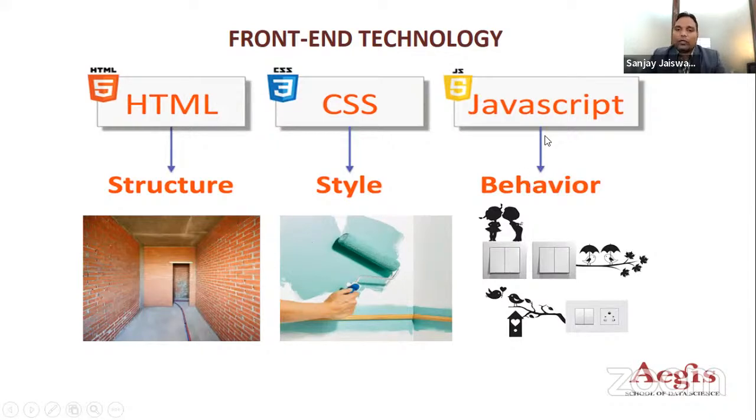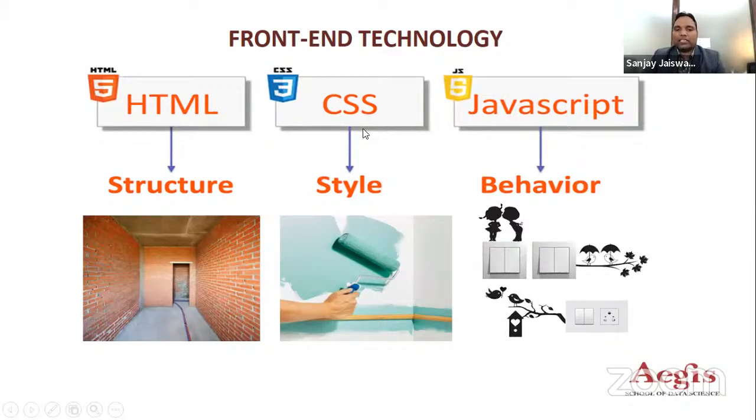JavaScript can be used to define the behavior of that website. You can give effects like smooth scrolling, smooth navigation, smooth transitions, and loaders. Pop-up messages and auto-dismissible messages can also be given with JavaScript. So it becomes more interactive.